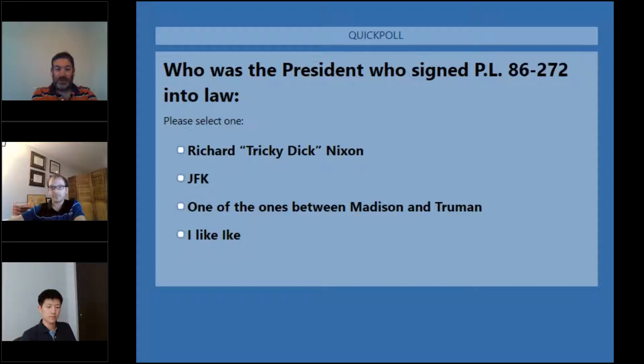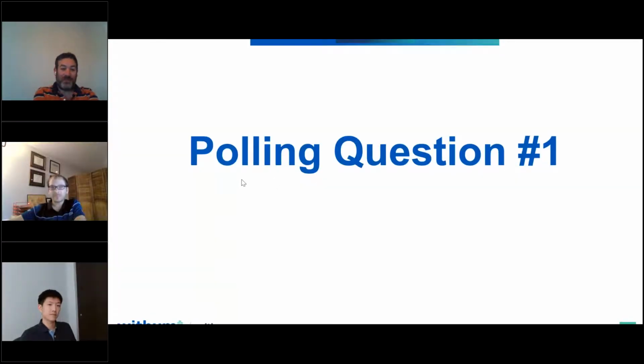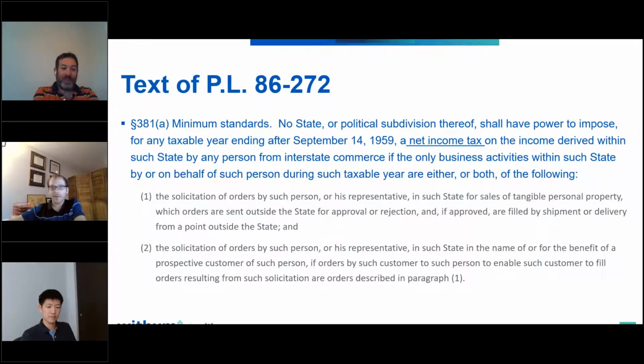And shall we go to the results? Okay, not Richard Nixon. Most people, the plurality, did get I like Ike, that he was the president that signed 86272 into law. So moving on to the next slide.